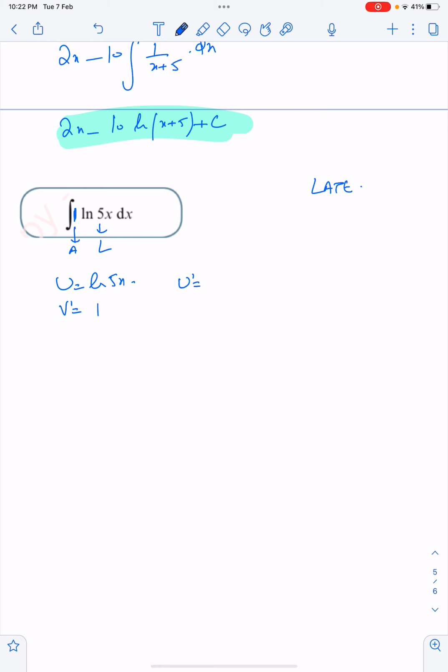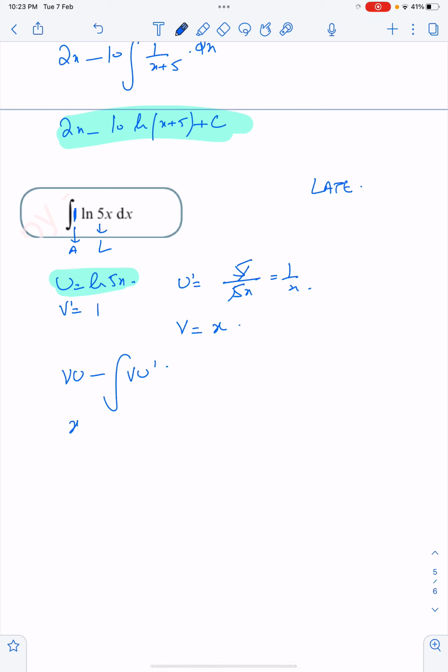So u dash is going to be, if you differentiate this, 5 upon 5x, which will become 1 upon x. And if v dash is 1, you have to integrate it to get v, that is x. Now we have the formula uv minus integral of v u dash.